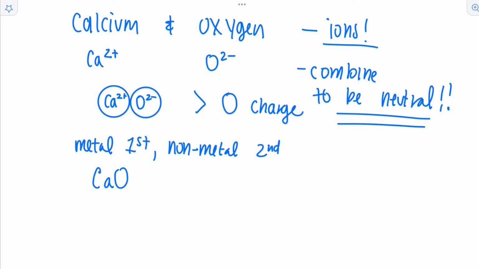So the metal always gets named first, and that remains unchanged. For the nonmetal that is a singular element like we have here, just oxygen, you change the ending to "ide." So calcium oxygen would actually end up being calcium oxide, where the ending gets changed to IDE. And that applies to all of our singular elements.